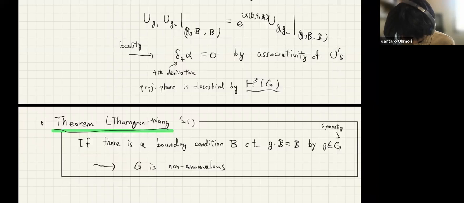So again, if there is a boundary condition that is preserved by a symmetry, the symmetry is non-anomalous. In other words, if the symmetry has an anomaly, then there is no symmetry-preserving boundary condition in the theory. I think that's an important consequence.